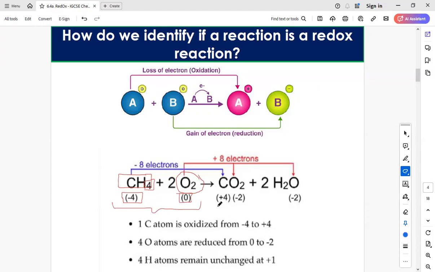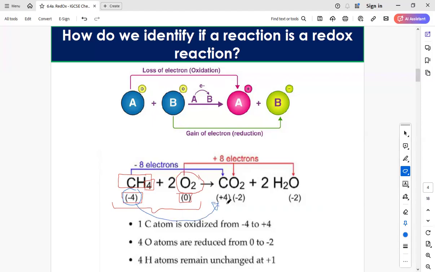On the product side, carbon dioxide is formed, right? So carbon in carbon dioxide has gained 4 electrons from oxygen, and it has also lost, not lost technically, but it has shared 2 electrons with oxygen, right? 2 of its electrons. So अगर हम कार्बन का देखें यहाँ पर, so carbon's oxidation state changed from -4 to +4.